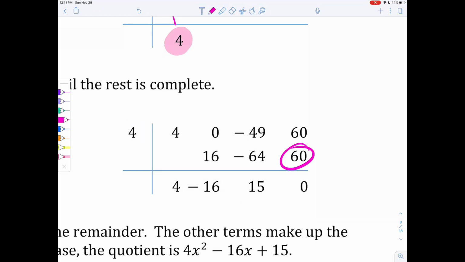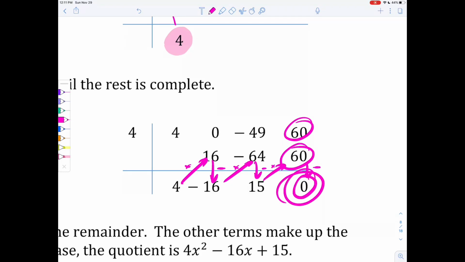And then 60 minus 60 gets us 0. So to get to this term is always a multiplication, and then to go this way is always subtraction. Just over and over again until we have this last spot filled.